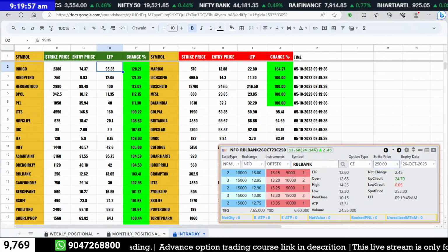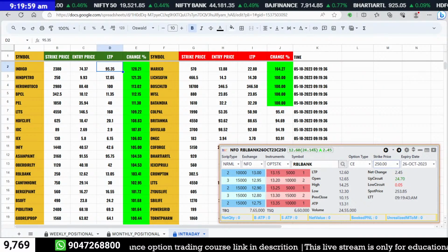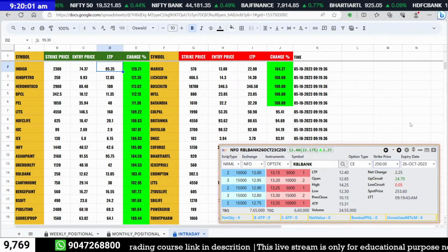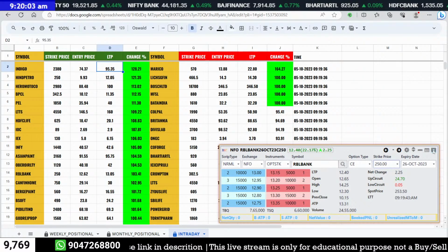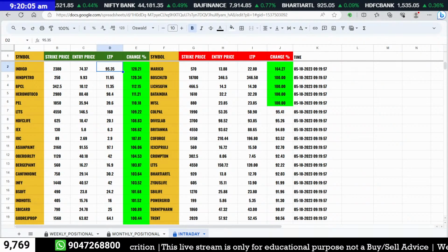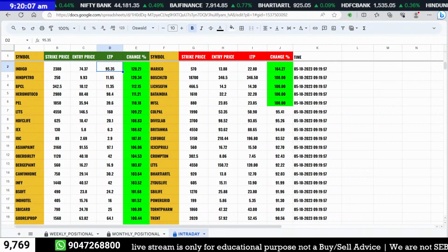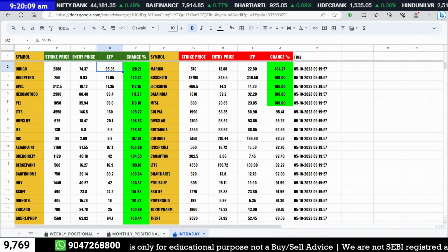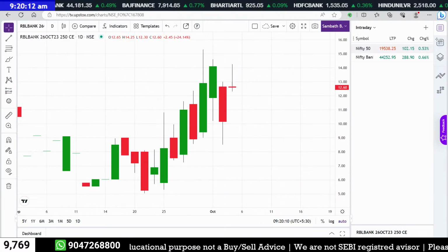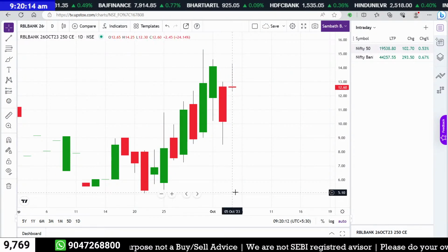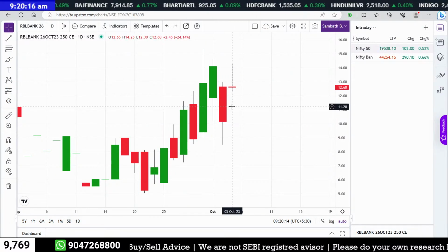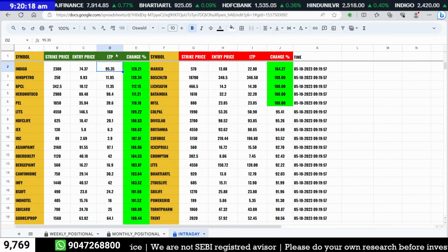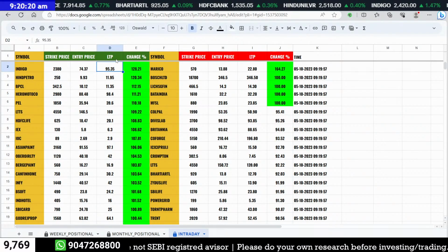Currently 93, 95, Indigo. Then RBL came to 13, 12.6. The high made is around 14.25, so it's a quick scalping that you can plan.